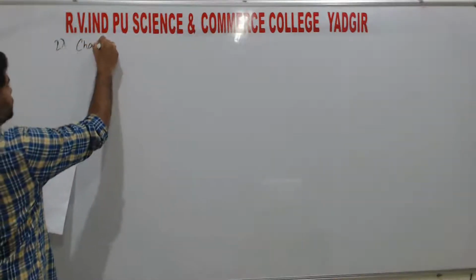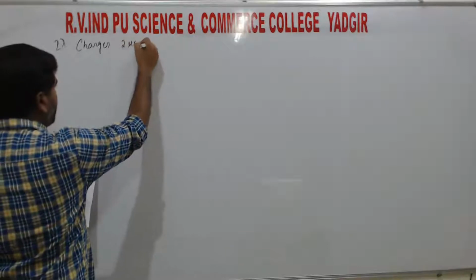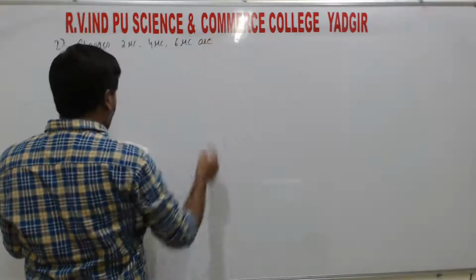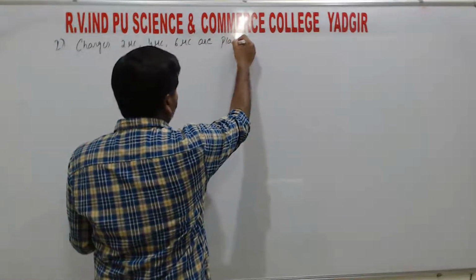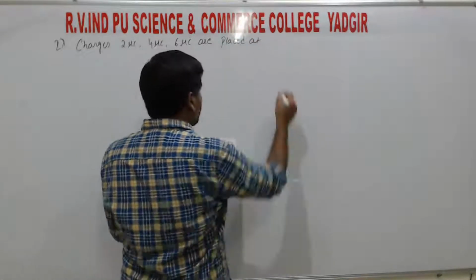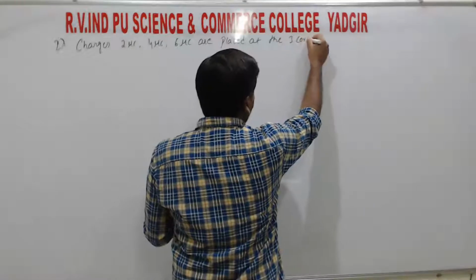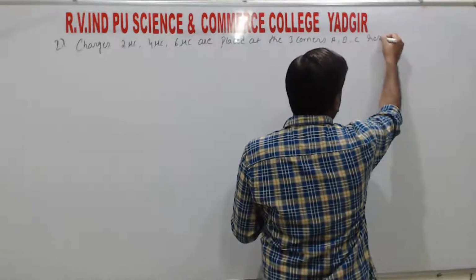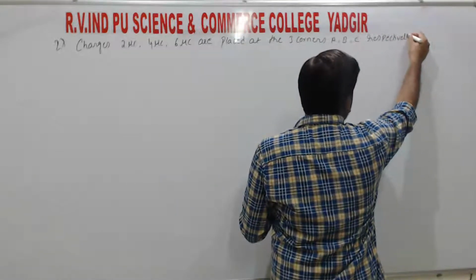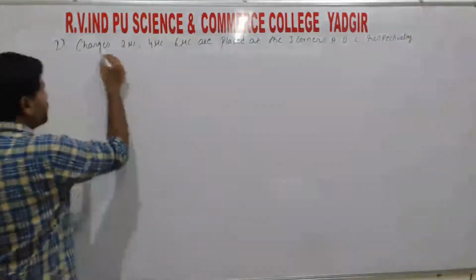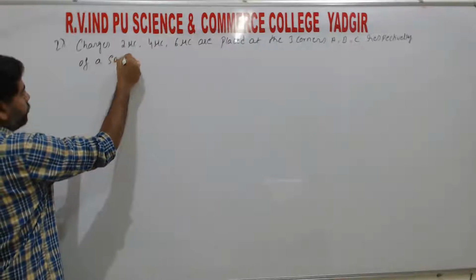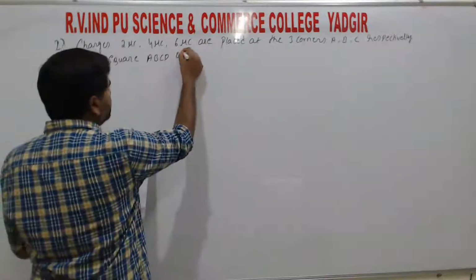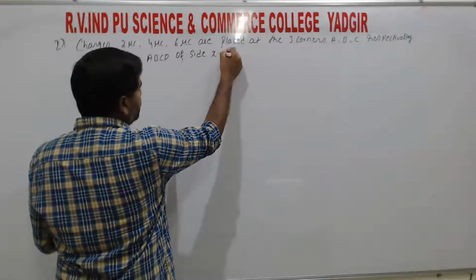Important type: charges 2 microcoulomb, 4 microcoulomb, 6 microcoulomb are placed at the three corners A, B, C respectively of a square ABCD of side x meters.